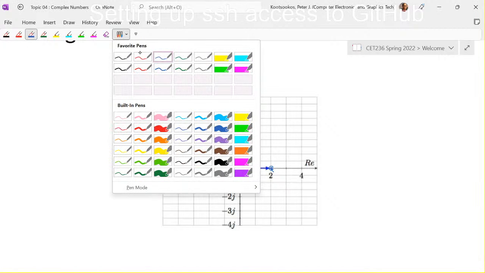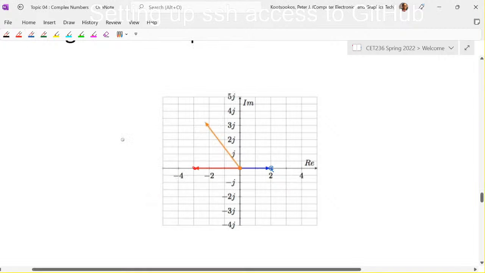And this number here, I don't know quite what it is, but it's about -2.3 plus j 3.5 or thereabouts.